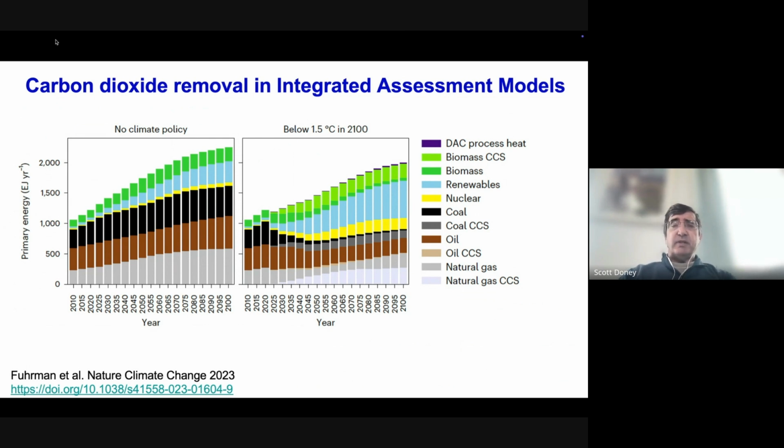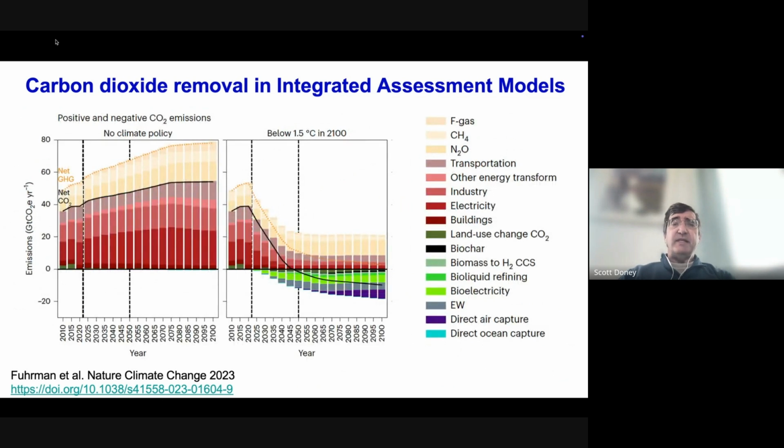Go to the next slide, please. And then this is showing the CO2 emissions, where on the, again, left-hand side is no climate policy, right-hand side is the 1.5 degree C target with some overshoot. And what you can see on the left-hand side, the reddish colors are CO2 emissions.